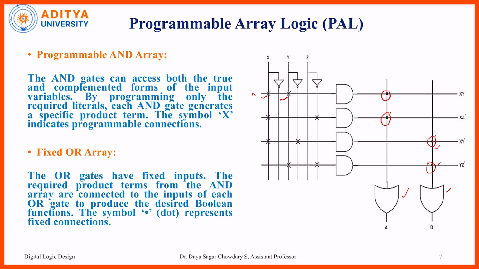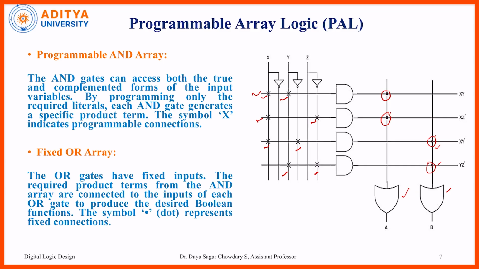But while observing the cross marks for the inputs of these AND gates, all cross marks are programmable. That is why the AND gates can access both the true and complemented form of the input variables by programming only the required literals, and each AND gate generates a specific product term. The X symbol indicates programmable connections.